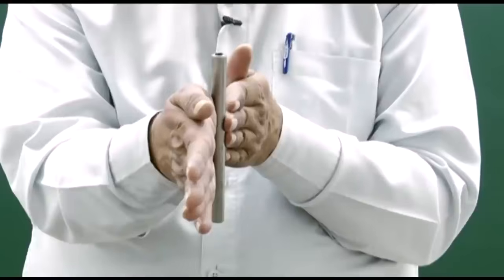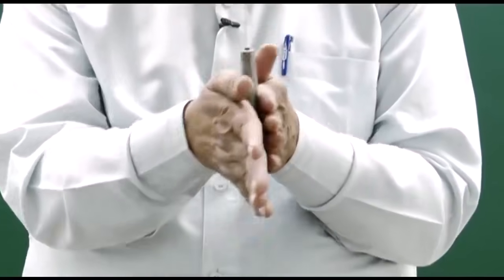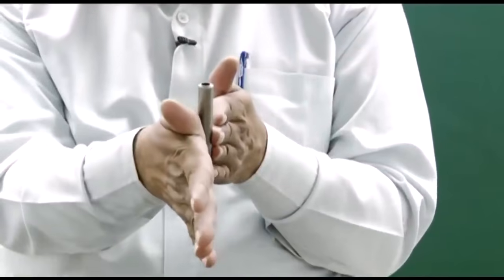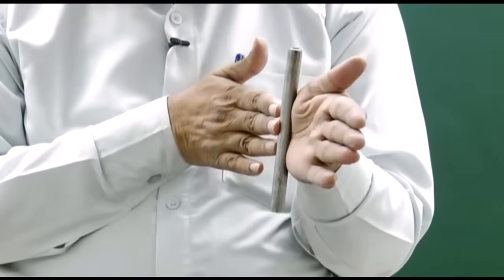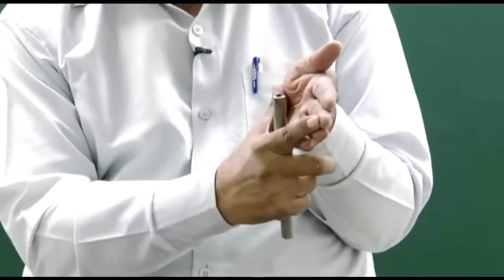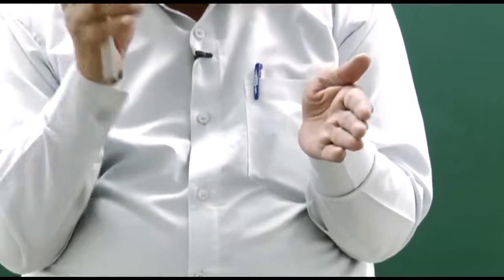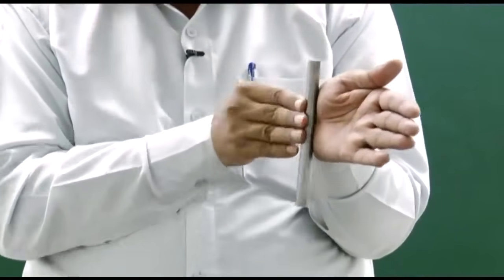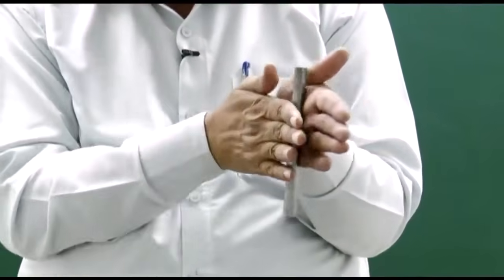So, how much has the tube moved? The tube started from here and it reached here. So, the length moved by the tube is this much, the length of this palm. And how much have these fingers moved? The fingers started from here, and where are the fingers now?